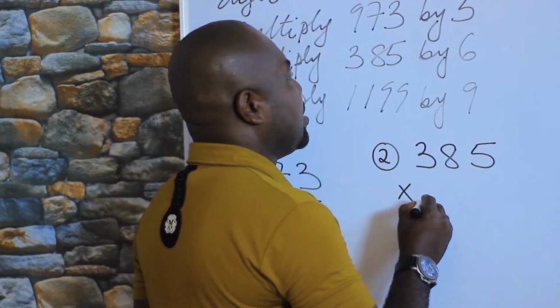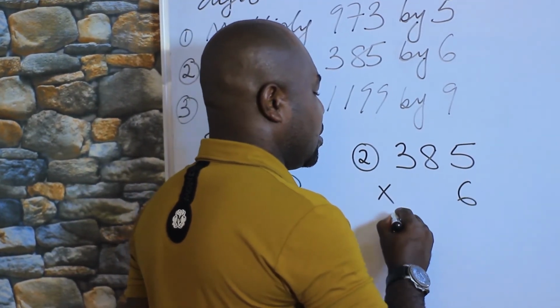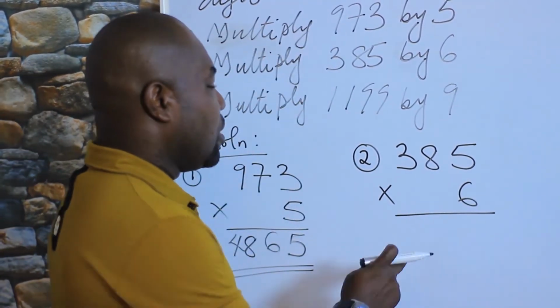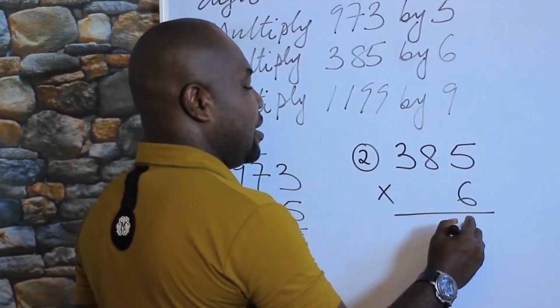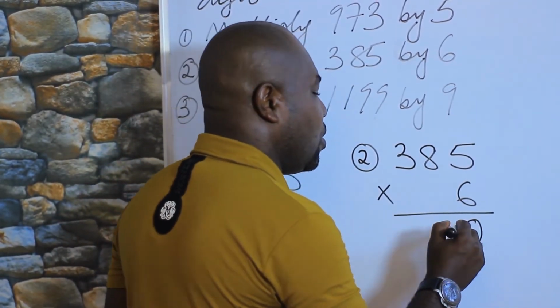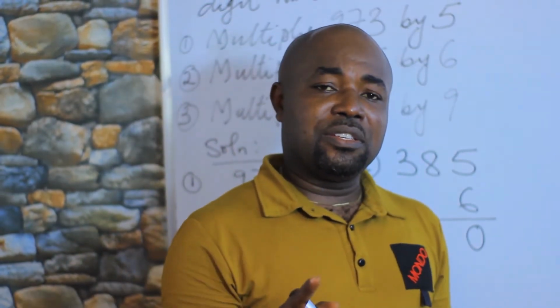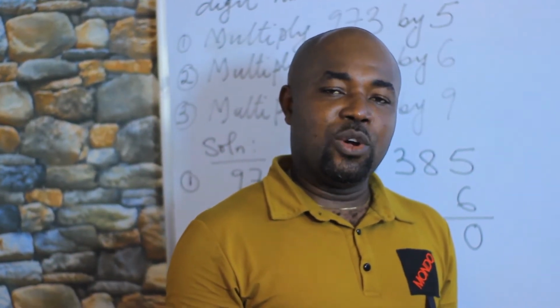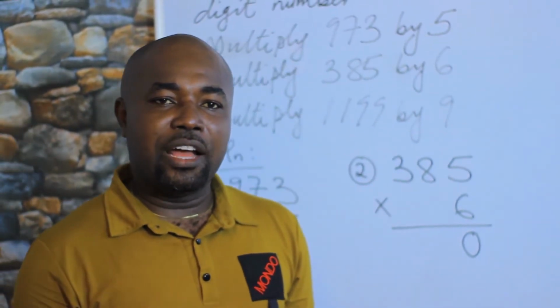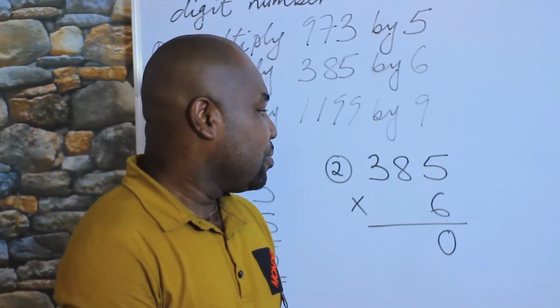We multiply it by 6. 6 times 5 is 30. We write 0, we carry 3. Am I communicating? 6 times 5 is 30. We write 0 and carry 3.